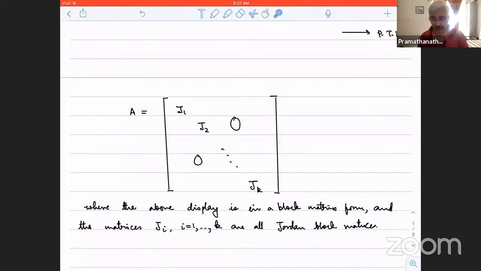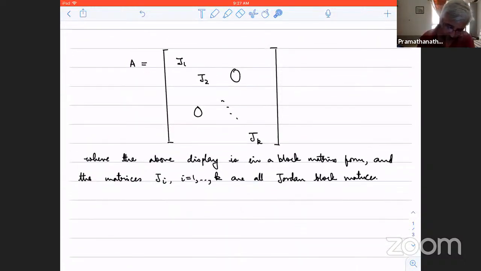We are not saying all different eigenvalues or all Jordan block matrices.